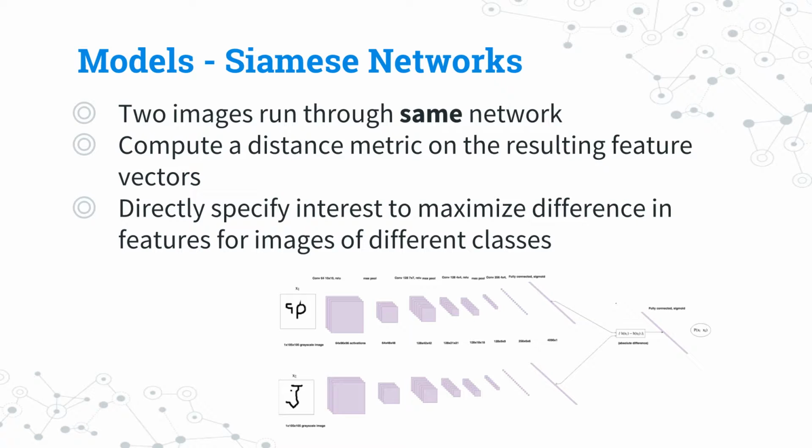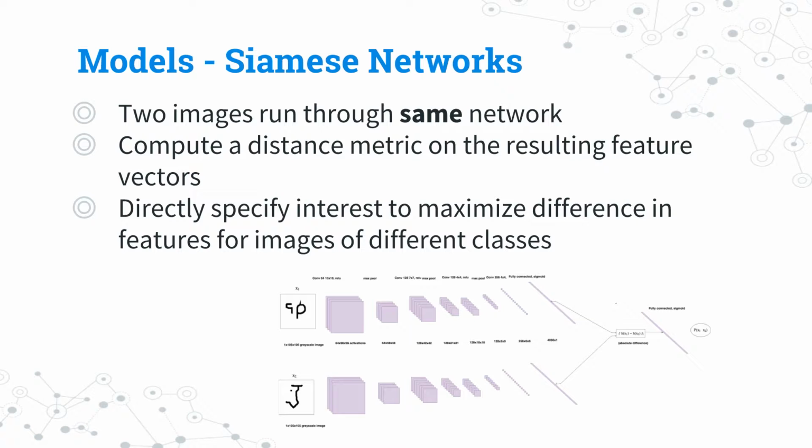So we don't care as much whether this network can accurately classify each of the input images. We care that if the two input images are different, the features have to be really different, and if they're both the same, the features have to be really similar. That allows this network to take on the property of being a distance function rather than a normal classification network. Does that make sense?